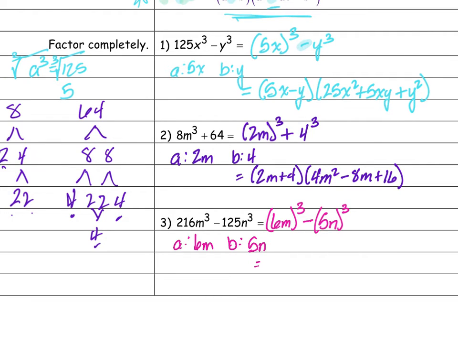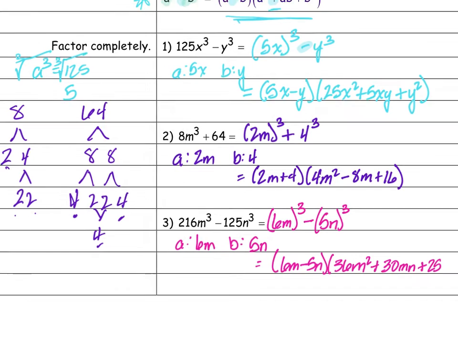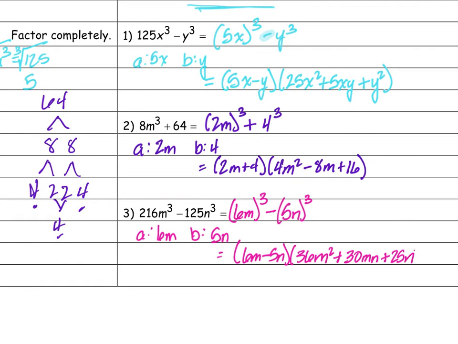And then I get a minus b, so this is 6m minus 5n times a squared, which is 6m squared, or 36m squared, plus a times b. So 6m times 5n is 30mn. And then plus b squared, which is 5n squared, or 25n squared.